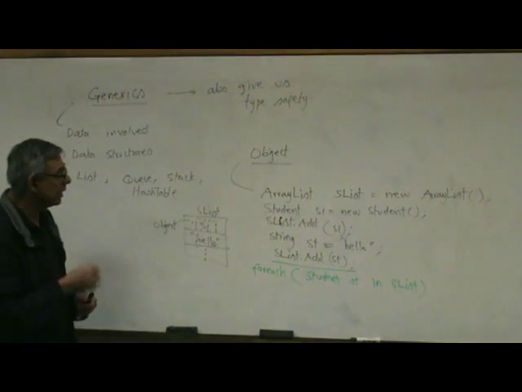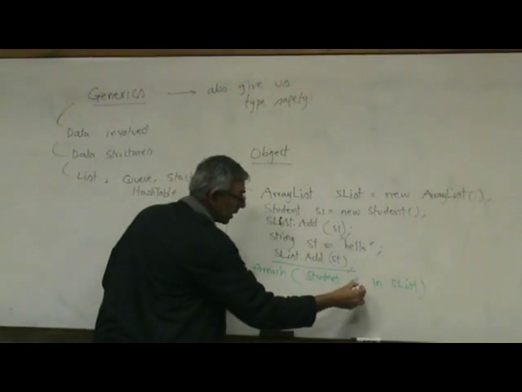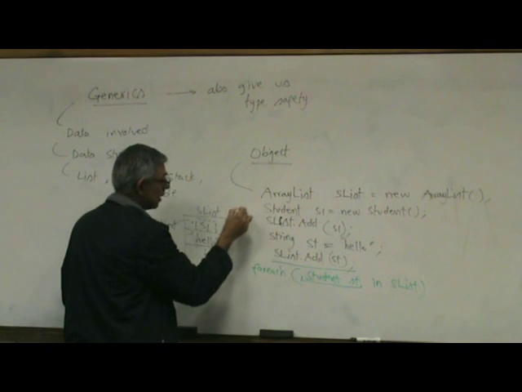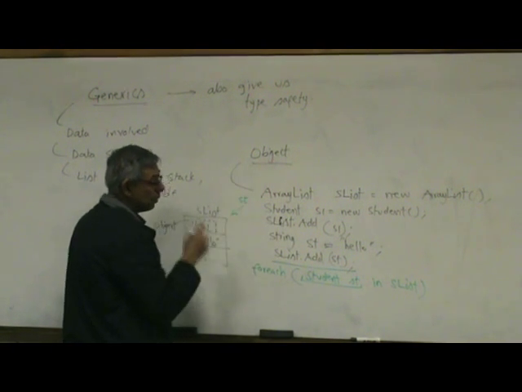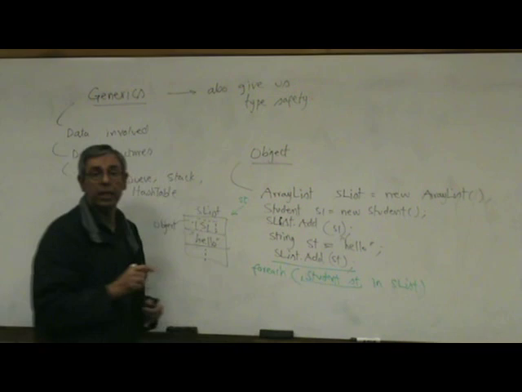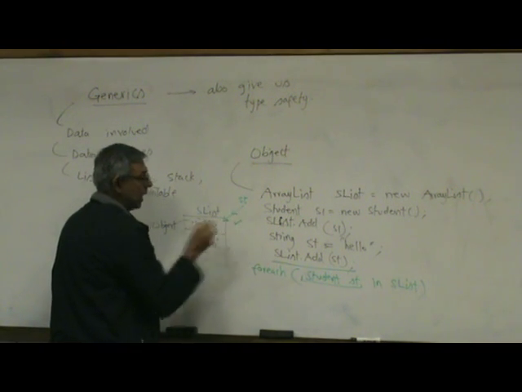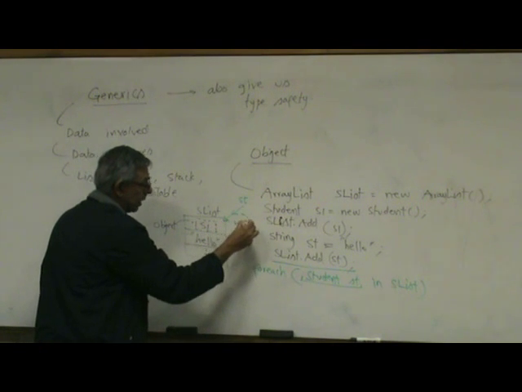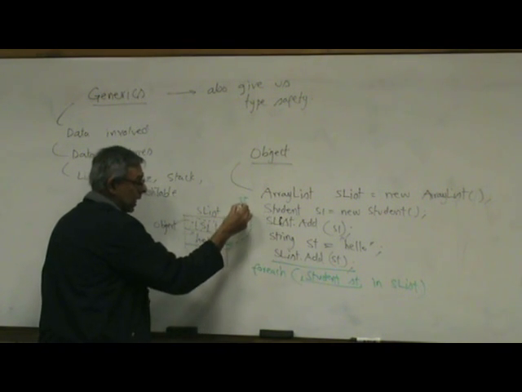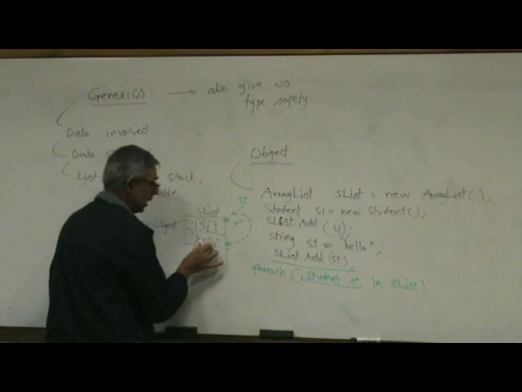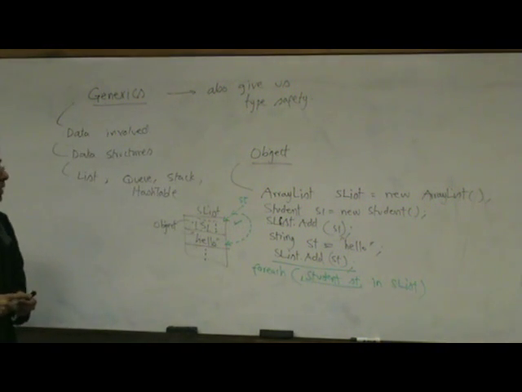No. The reason it will not work is, think of it this way. Student st is a reference capable of pointing only to a student. So very first time through the loop, sure, this will be okay. But second time through the loop, what will happen? Can st, which is of type student, point to a string? No, so that's when it will generate the runtime error, right?